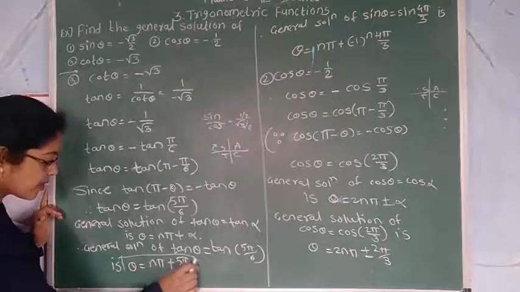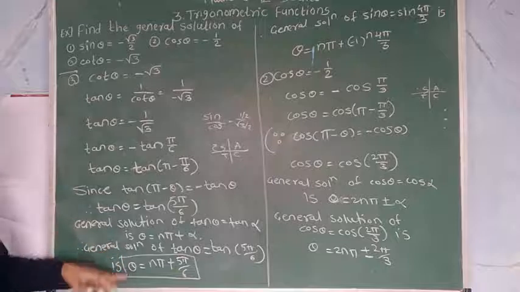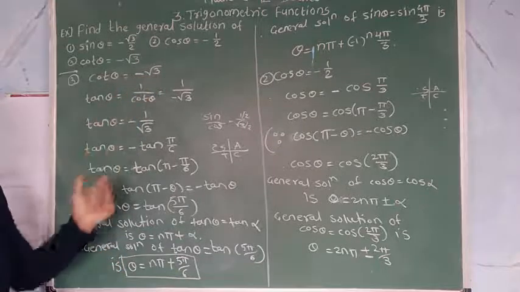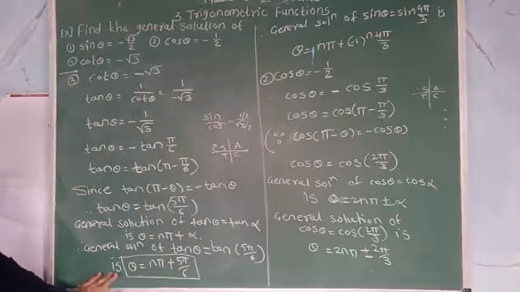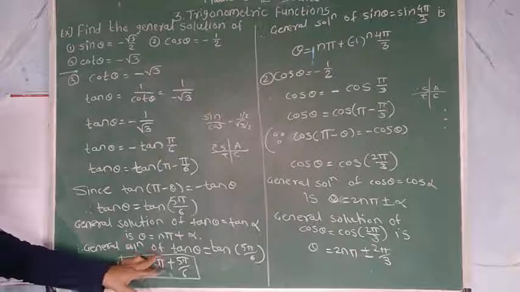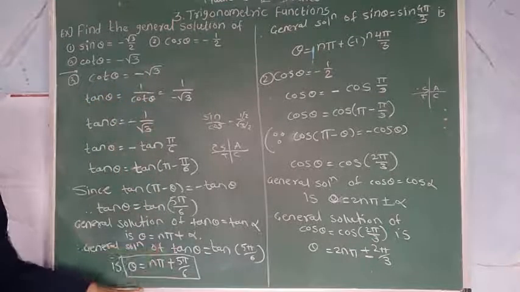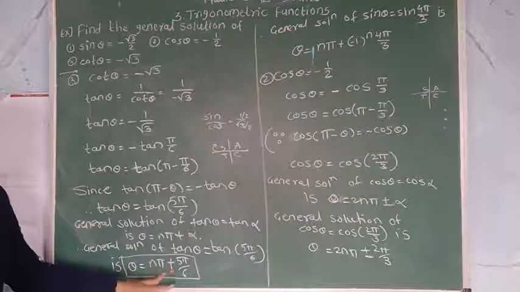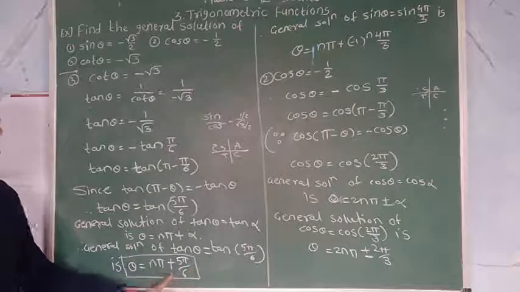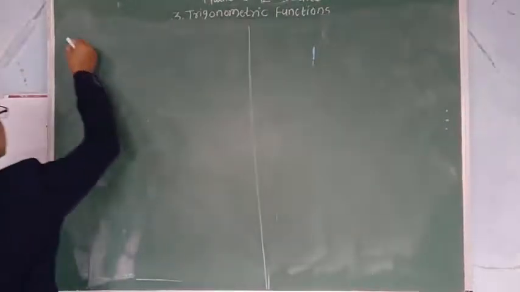So this is the general solution of cot theta is equal to minus root 3. Finally you can write the answer: the general solution of cot theta is equal to minus root 3 is theta is equal to n pi plus 5 pi by 6.